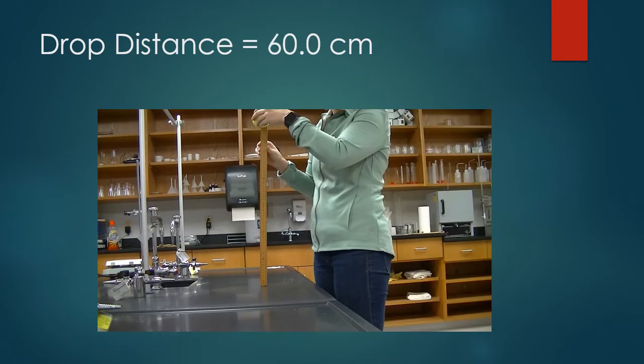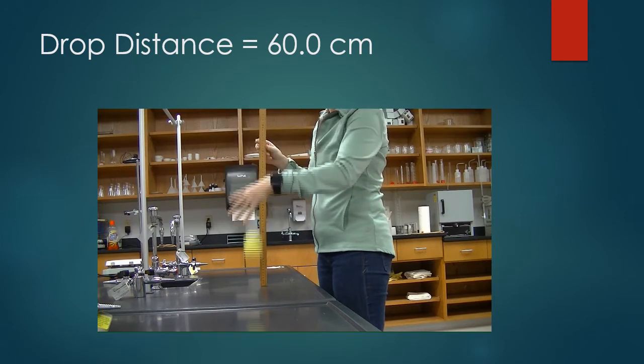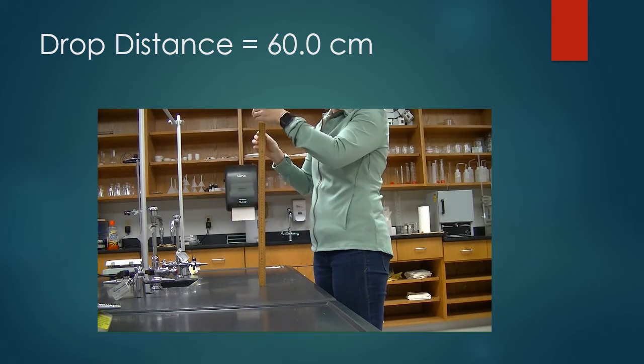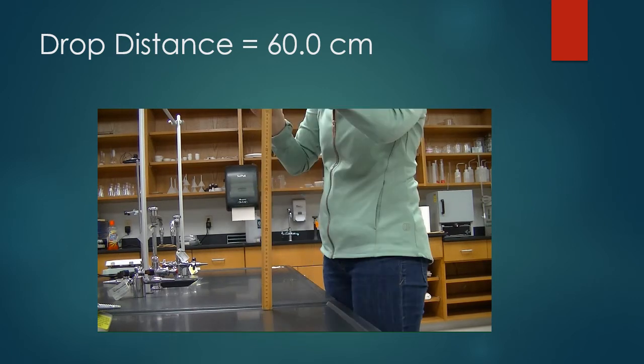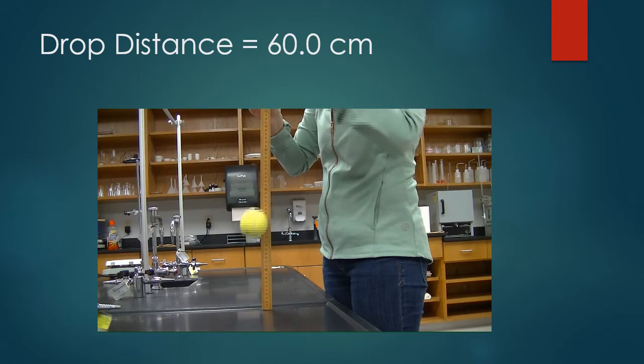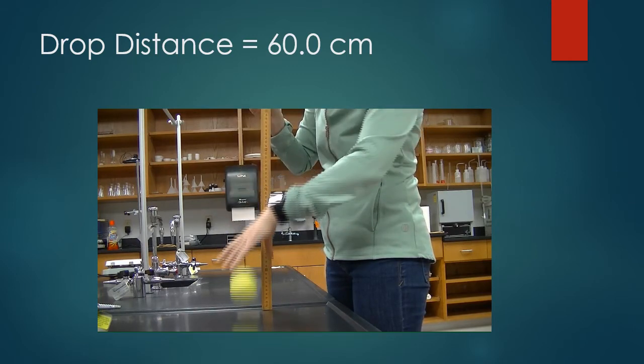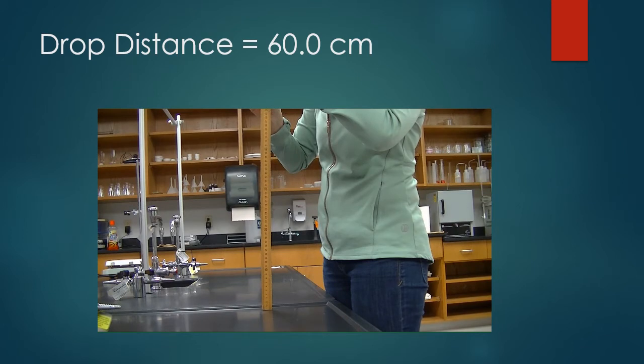The last drop distance that we are doing is at the 60 centimeter mark. So you can see at the beginning of this video, I have it pretty far away from the camera, so it's really hard to see the bounce distance, but I just wanted to show you the actual distance that it's being dropped from. So for the next trials, I brought it a little bit closer to the camera. You can't see the drop distance, but you can see the bounce distance a little better, and the bounce distance is what you're recording.